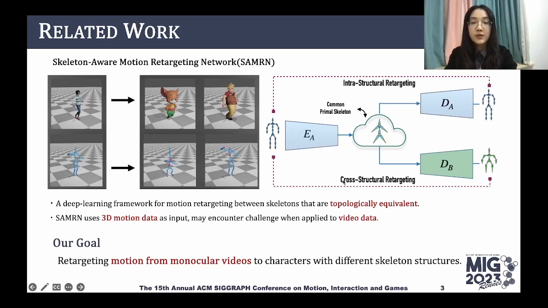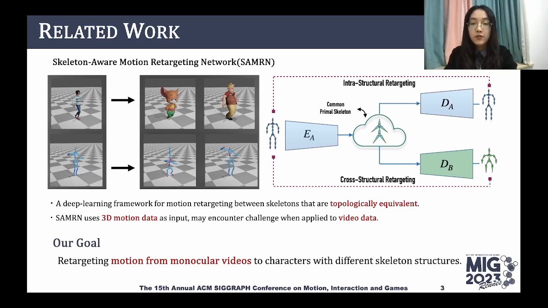Back in 2020, a deep learning framework for motion retargeting between characters with varying joint counts was proposed. It employs an encoder and a decoder to achieve retargeting among characters sharing similar topologies using pooling methods.